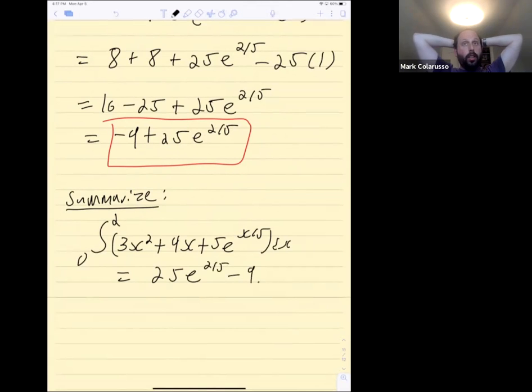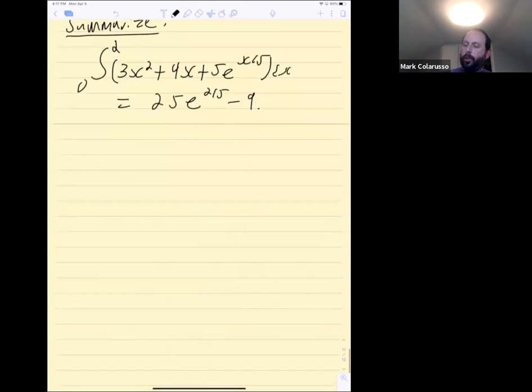So that's the exact answer. Basically you see that this is just computing definite integrals for a different purpose than what we were doing before. You can take this a step further: we can also use definite integrals to compute the area between two curves rather than just the area underneath a curve.